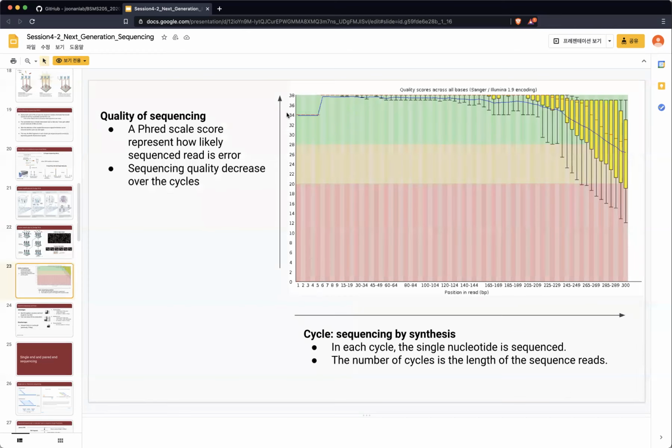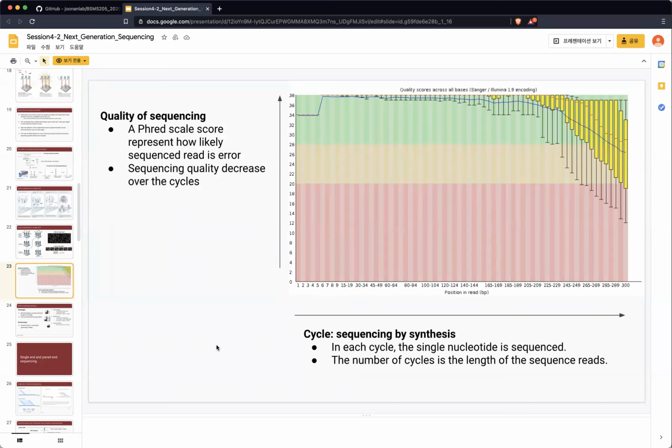That's why the quality is lower, because of this priming and adjustment time, right? Once the adjustment is done, it will start the highest quality of sequencing for a few cycles, and after that it will degrade, right?